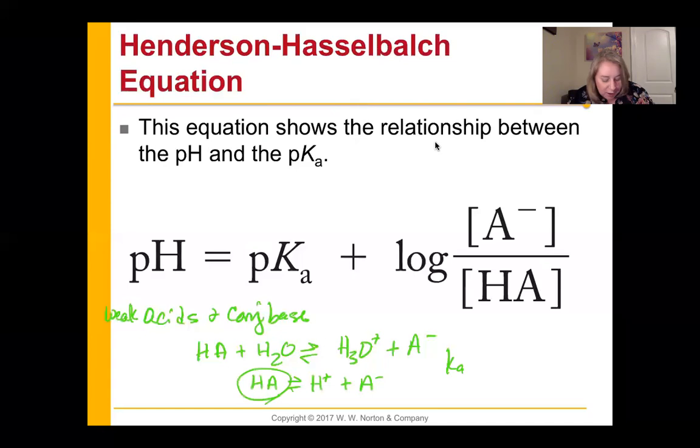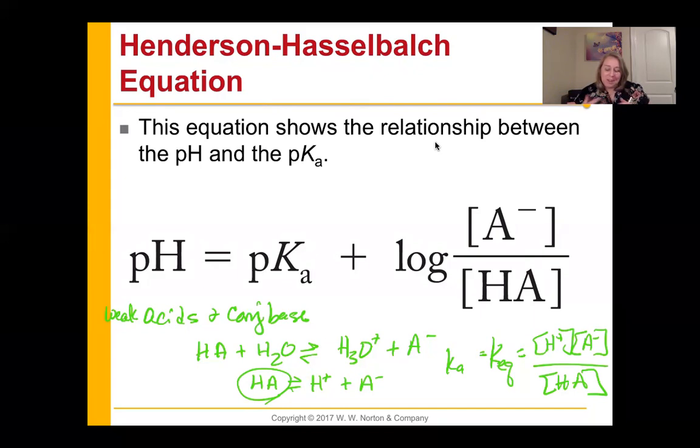So when you write out a Ka, that's your K equilibrium, the concentration of H plus times A minus over HA, right? Because the Ka for biologically relevant systems uses that same convention, if we're not making that much of one, we're going to use the pKa.